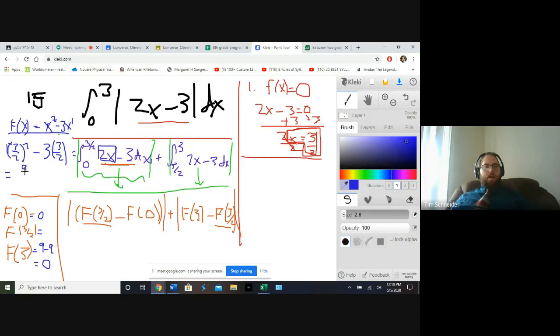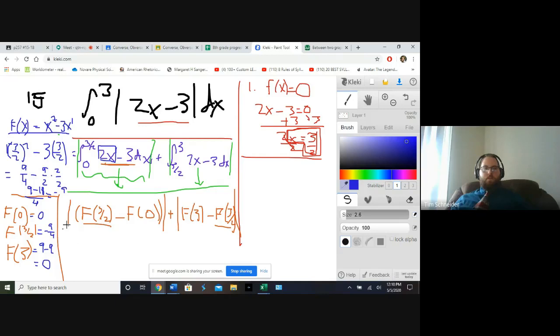Well, that's 9 over 4 minus 9 over 2. So, sneaky fractions. We need to actually multiply this by 2. So this is 9 minus 18 all over 4. In other words, negative 9/4.